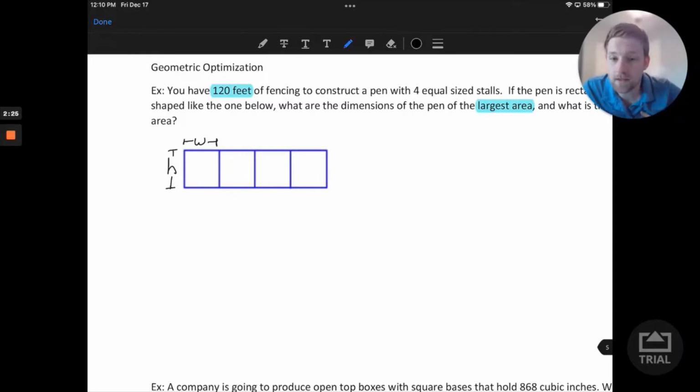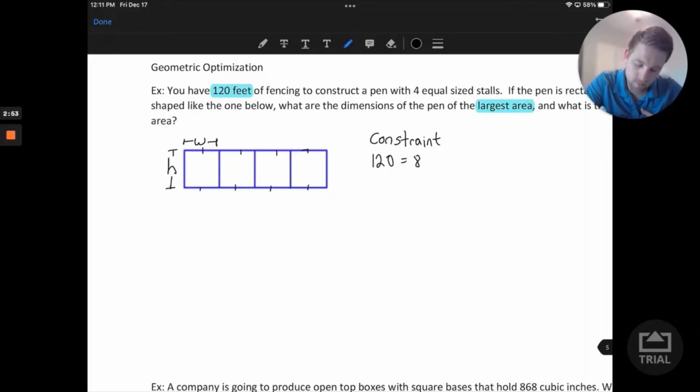If I consider the constraint first, the constraint equation, we have 120 feet of fencing. That 120 feet of fencing is going to be split into the width. It looks like we'll have 8 different lengths of W, so we could call that 8W.